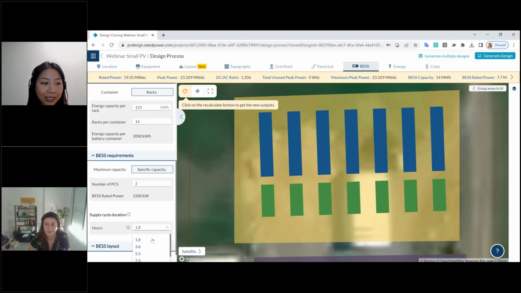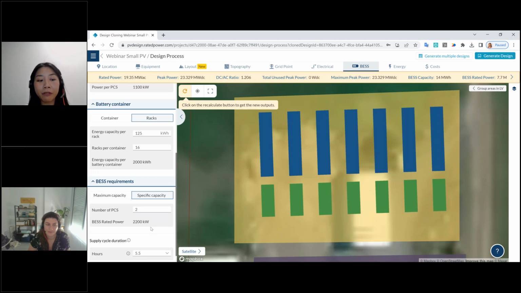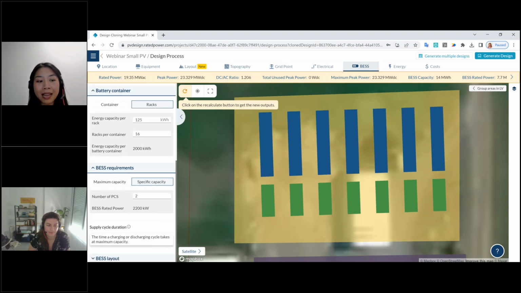Then I can select how many hours I want to charge-discharge per battery. For example, if I choose a higher one, 5.5 hours, that means per day I have 5.5 hours for the batteries to do the charging and discharging.